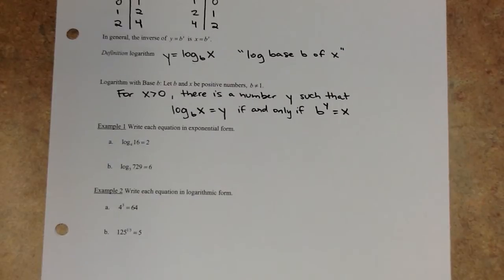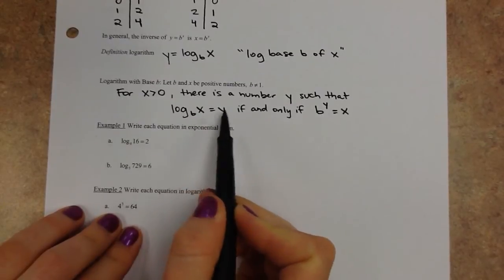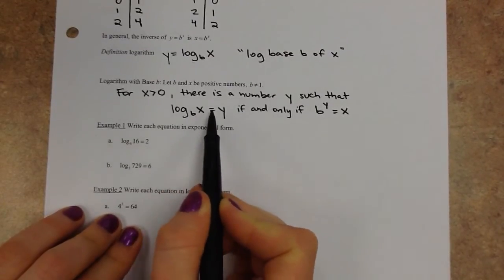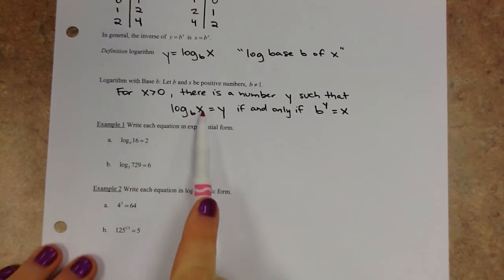Okay, so this first one right here, log base 4 of 16 equals 2. We're going to practice writing them back and forth from exponential form into logarithmic form and from logarithmic form back into exponential form. So, for example, this one is in this form right here: log base b of x equals y. I'm just going to mark on here what number is replacing each letter.